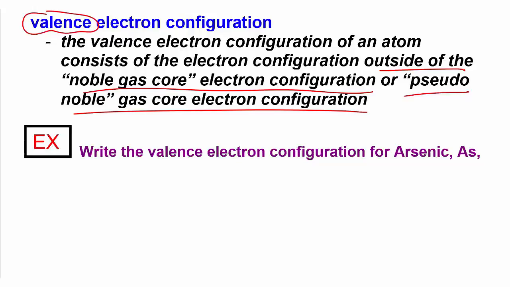They essentially control the chemical properties of this element. So how do you figure out what those valence electrons are and write only their configuration? What you do is identify the noble gas core or pseudo-noble gas core and just don't write that part.